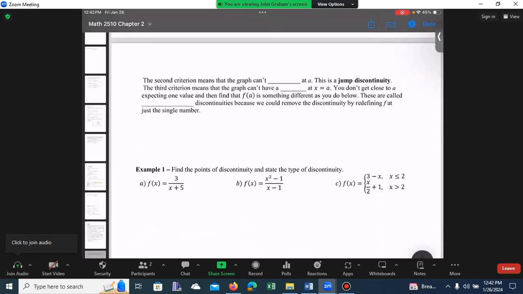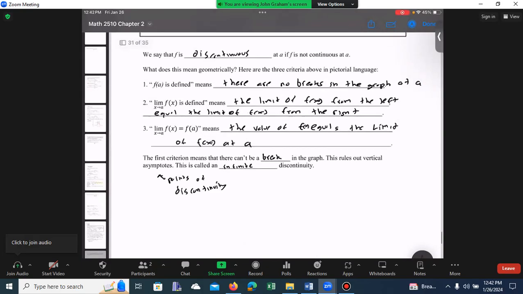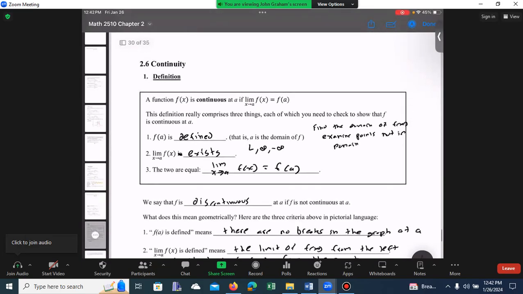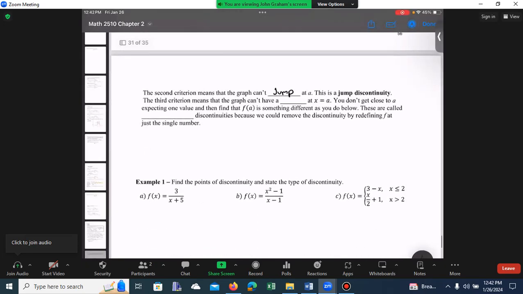The second criteria is that there can't be a jump at a. The limit is defined, there has to be a limit, or there's a jump discontinuity. We'll see as we go through these which ones are jump discontinuities, which ones are other infinite discontinuities.